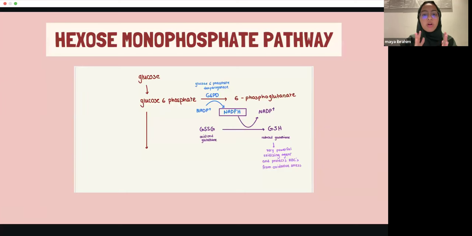Oxidative stress from what? Reactive oxygen species. Reactive oxygen species are ions or molecules that injure RBCs. By using glutathione, we can neutralize its effect and protect our RBCs. I'm going to repeat it again, and you are going to see it in text, but I just need to make sure that you got it here.